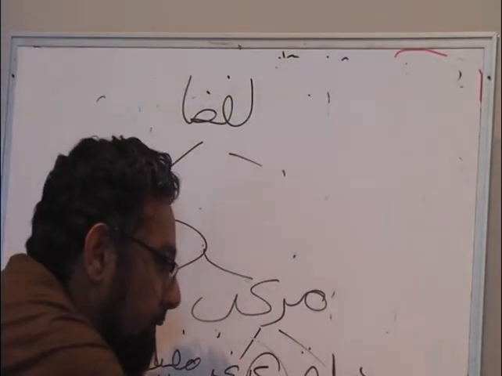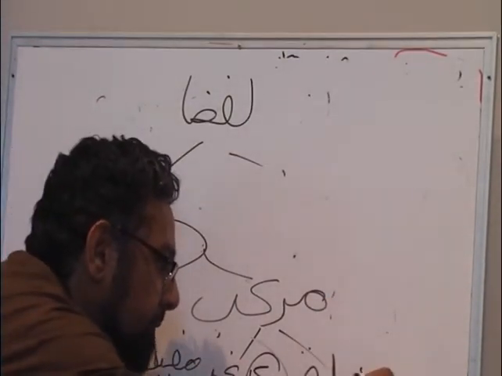And the jumla are of 2 types. So that's really the breakdown of the Arabic language in terms of maps. So we've got kalima, we've got murakkab, ghayr mufid, which are the phrases, and the murakkab mufid, the jumla, which are of 2 types.